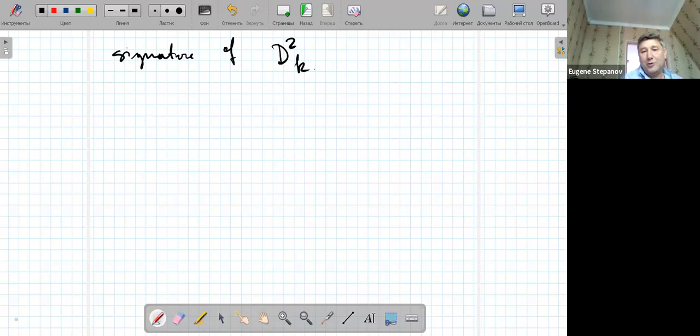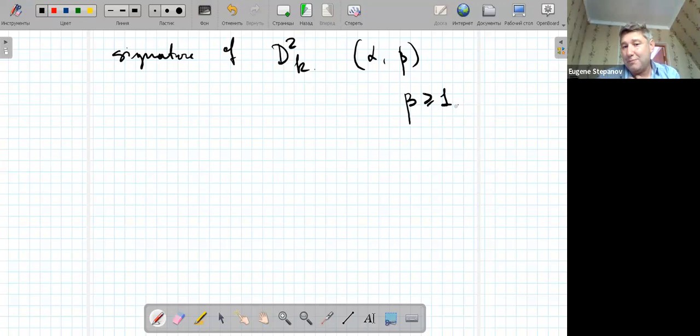Say it is alpha, beta. One always has that beta is greater or equal than 1, because this is a matrix of positive elements, by the Perron-Frobenius theorem. And since the diagonal of this matrix is 0, there will be some biggest eigenvalue. One necessarily has alpha greater or equal than 2. This is the number of negative eigenvalues, and this is the number of positive eigenvalues.